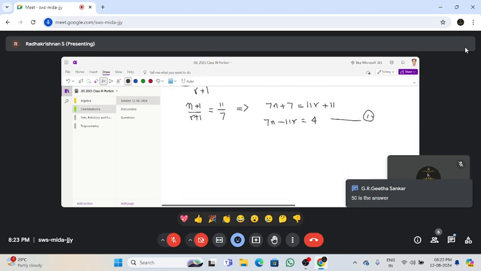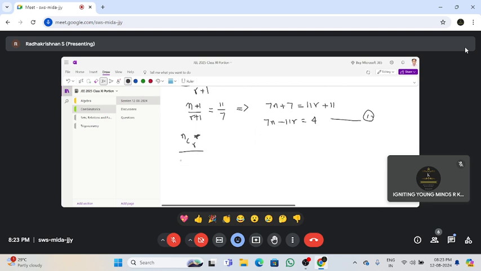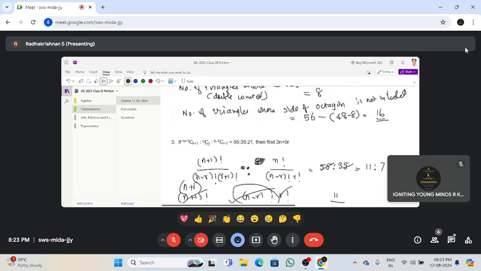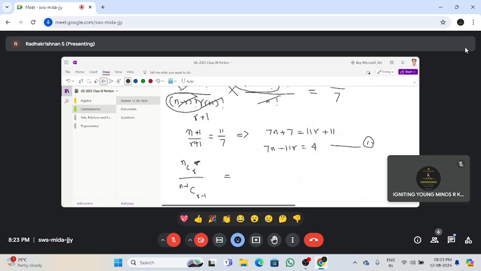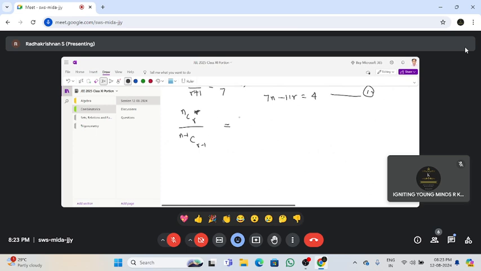Second equation is NCR by n minus 1 CR minus 1 equal to 35 by 21. So this can be again simplified: 5 sevens are 35, 3 sevens are 21, 5 by 3.